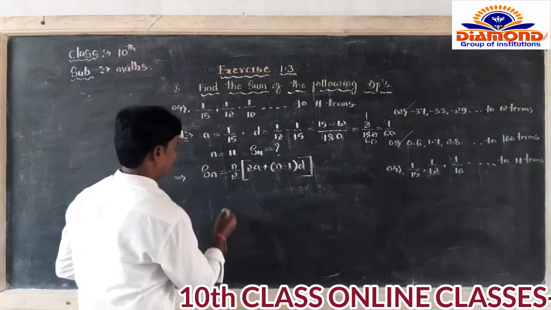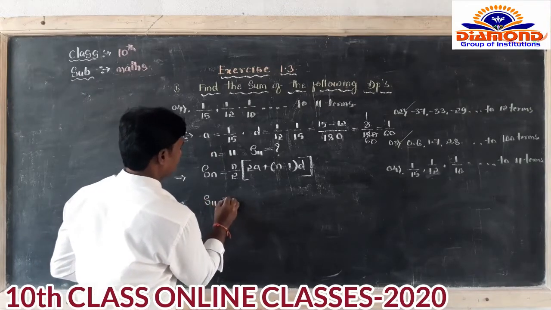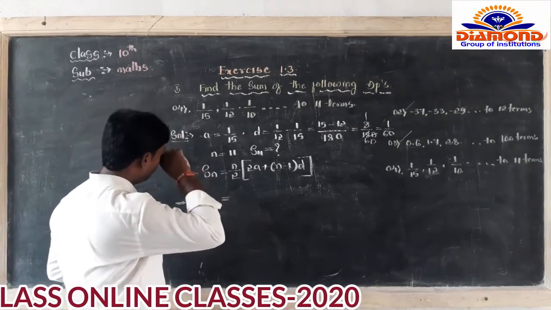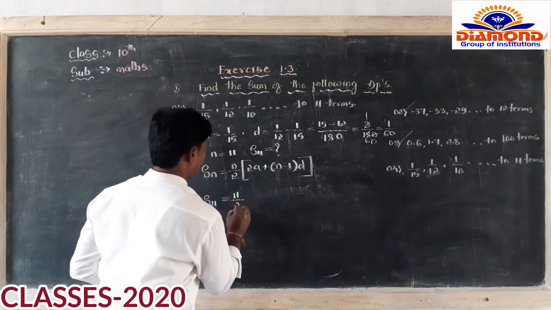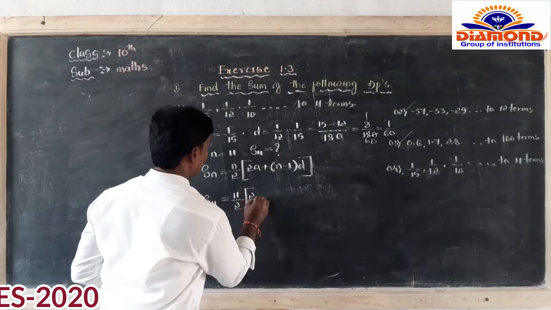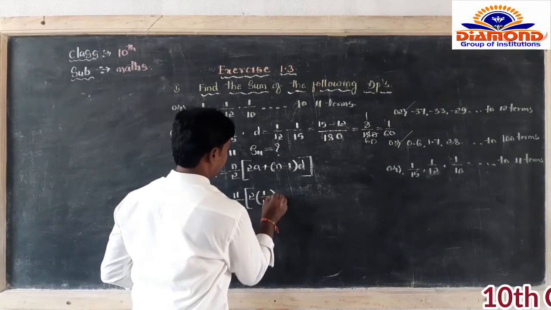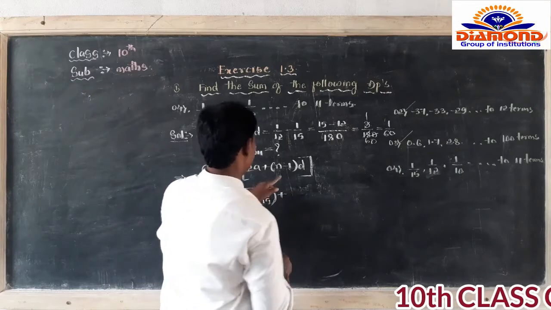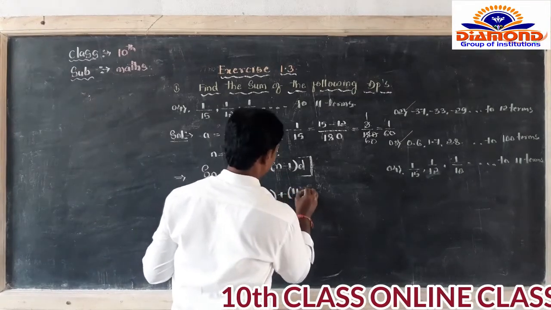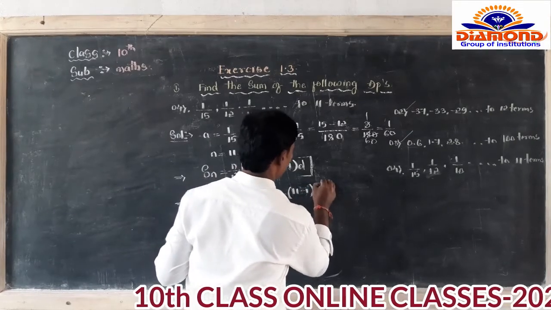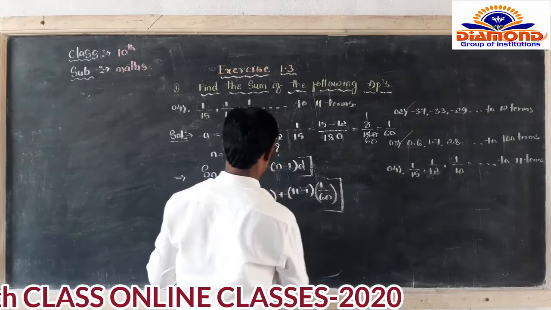Next step, dear students, here we are finding the sum of the 11 terms, n is equal to what? We are finding 11. So 11 upon 2 in the bracket 2, a value is 1 upon 15 is there. That you write as it is. Sorry, n is equal to 11. So 11 minus 1. Common difference is 1 upon 60. That is as it is, whole bracket close.